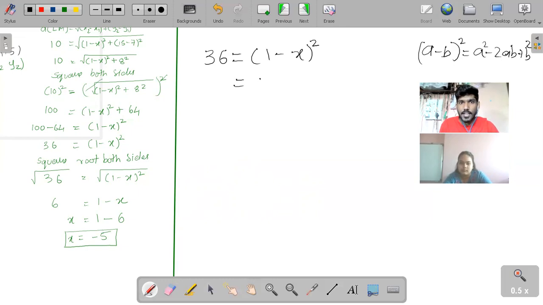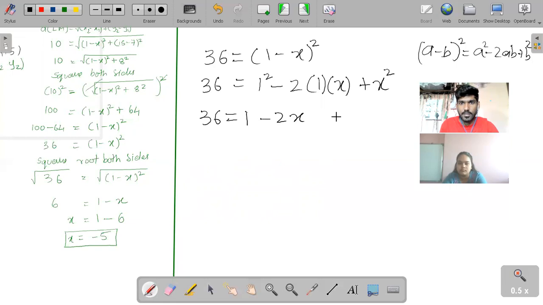So you'll get a square, that is 1 square, minus 2 into a, that is 1, and b, that is x, plus b square. Okay. So this 36, keep it as it is. So 36 is equal to 1 square is 1 minus 2x plus x square.